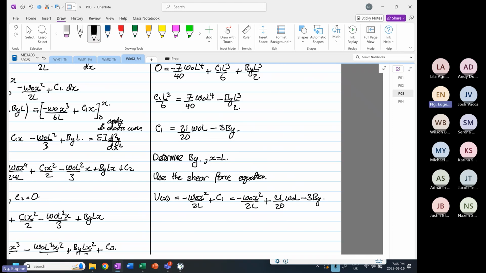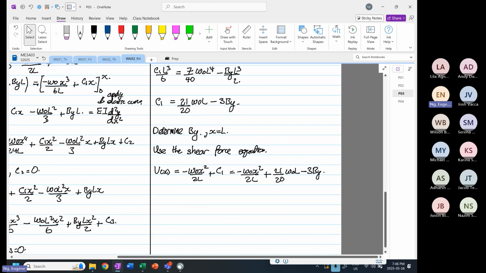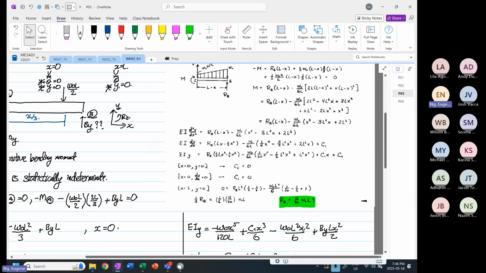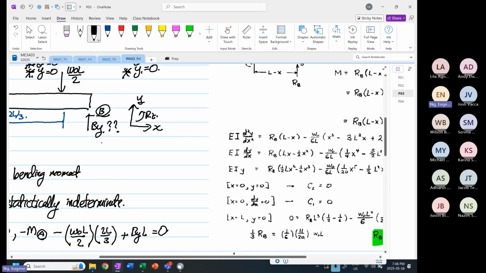So now, if we look at this expression, we are going to substitute a boundary condition. Now we know over here B_y is the reaction. Okay, that is B_y up.